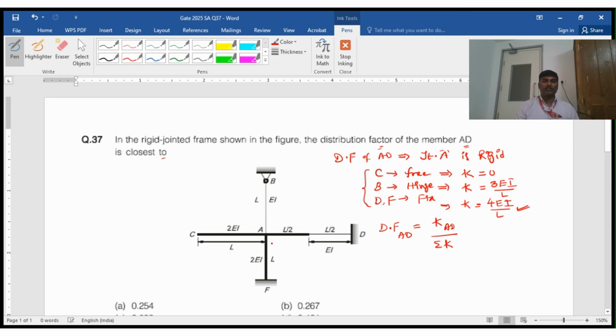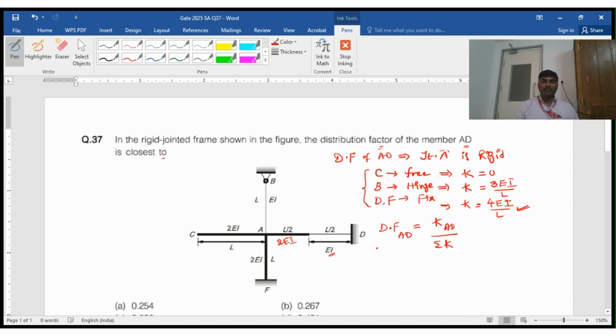But the problem is the member AD, the flexural rigidity is not uniform. Half of the member is having 2 EI as flexural rigidity, and the other half of the length is having EI. So it is neither EI nor 2 EI.